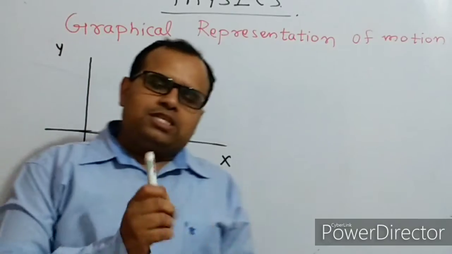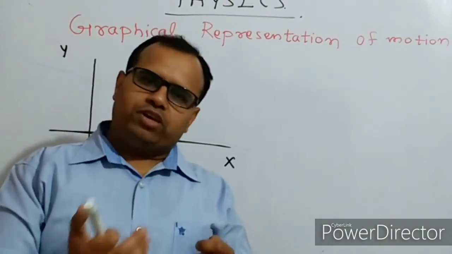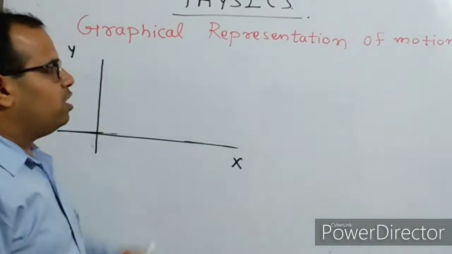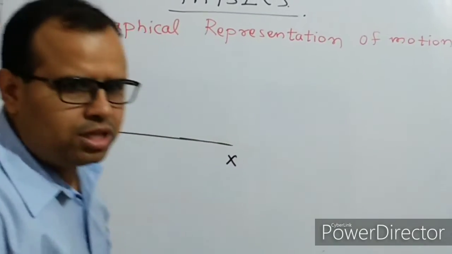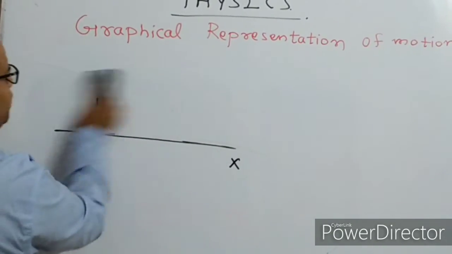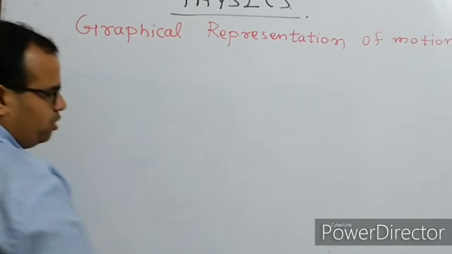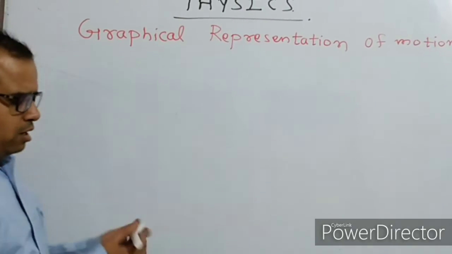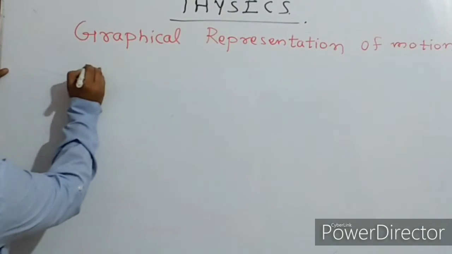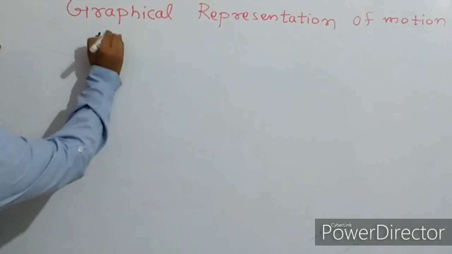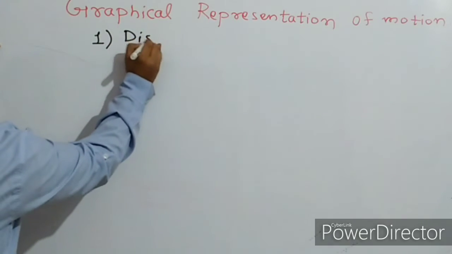Now we can represent the motion of an object graphically, and that is what is called graphical representation of motion. In this we are going to study different types of graphs. The first basic graph which we are going to discuss is the distance time graph.